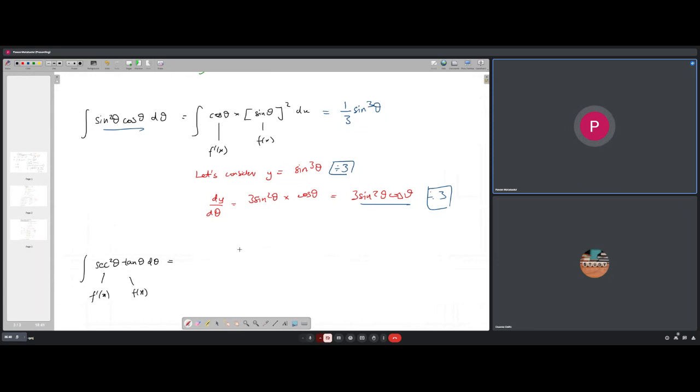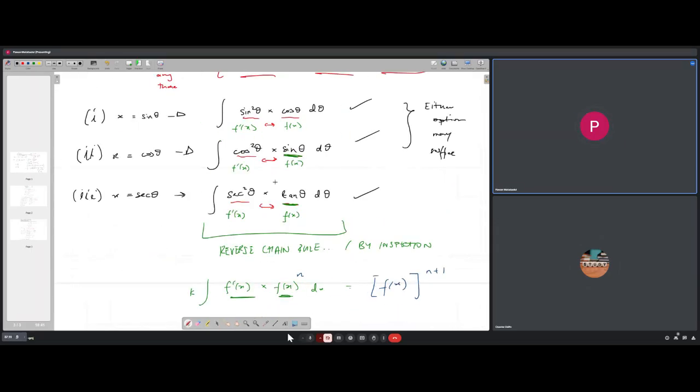This one's a lot more tricky, because one thing that people won't acknowledge is this is to the power of 1, right? So you would say, well, let's consider y being equal to, not tan to the power of 1, but tan squared theta. This one's incredibly tricky to look at. But do you see that? Yeah?